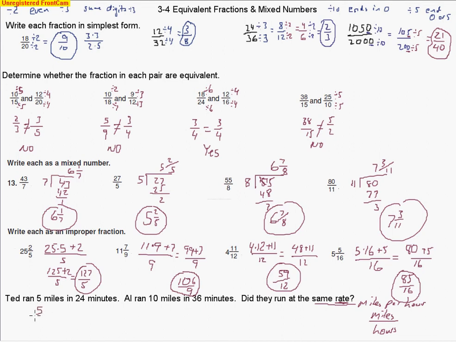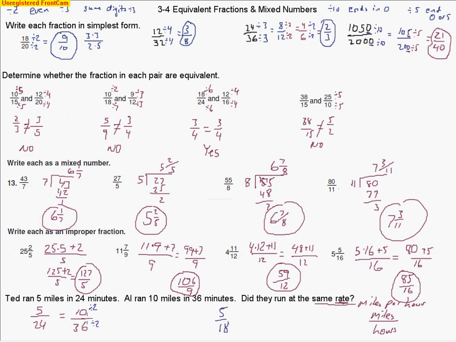5 miles over 24 minutes. I'm going to see, does it equal 10 miles over 36 minutes? So what I want to do to see if those two fractions are the same is I want to reduce them to see if they end up being the same fraction. Do they reduce to the same fraction? So I'm going to take out a common factor here of 2. I see that goes into those two numbers. And so when I do that, I end up with a 5 over 18.